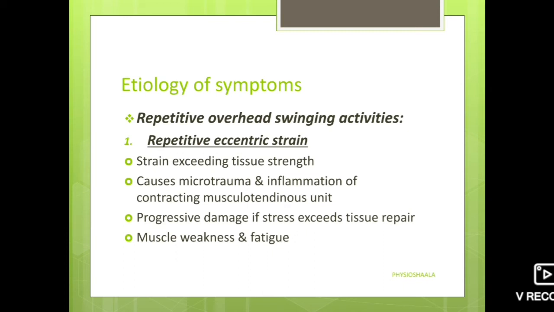Now why does this repetitive strain or repetitive overhead activity lead to impingement syndrome? The reason behind this is that a repetitive eccentric strain to a contracting musculotendinous unit increases strain in that muscle, and when this strain exceeds the strength of the tissues, this leads to microtrauma and inflammation.